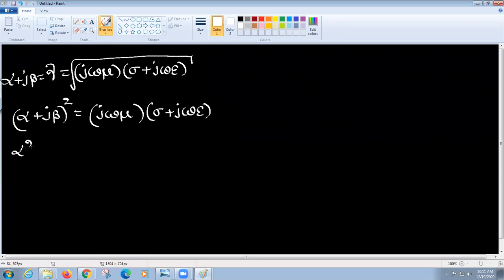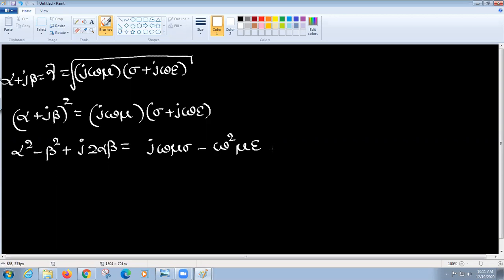So this is alpha square minus beta square plus j2 alpha beta, and this gives j omega mu sigma minus omega square mu epsilon.